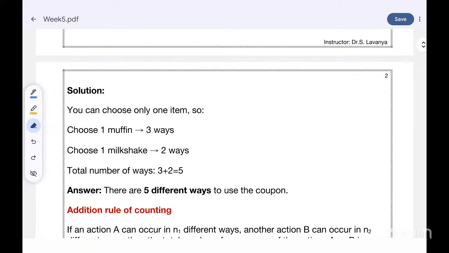So instead of this 3 plus 2, suppose you are having something else. Let us say you are having 5 major courses and 2 electives, and you need to choose any one course.